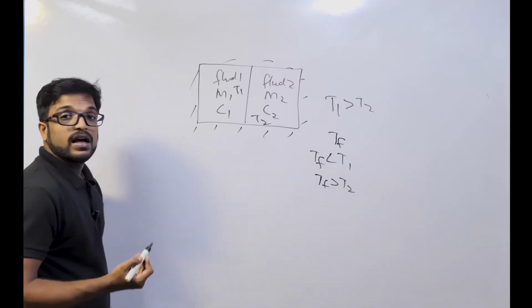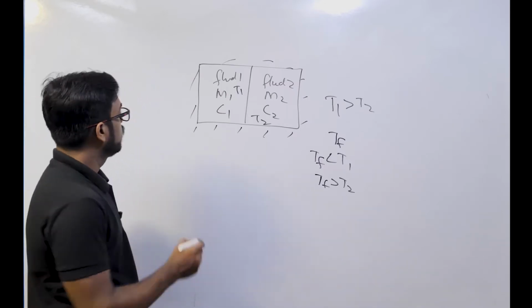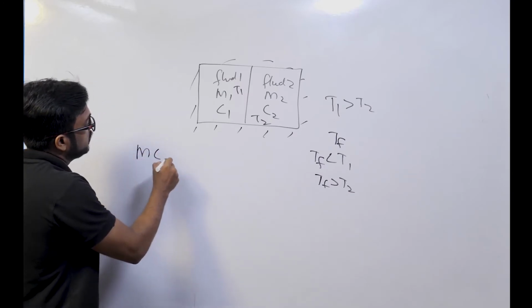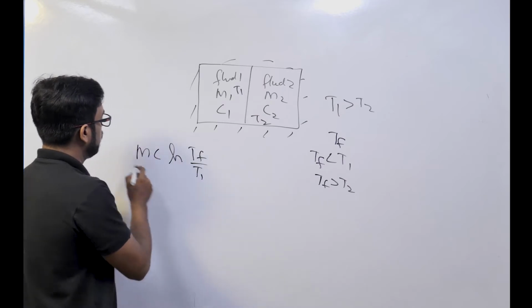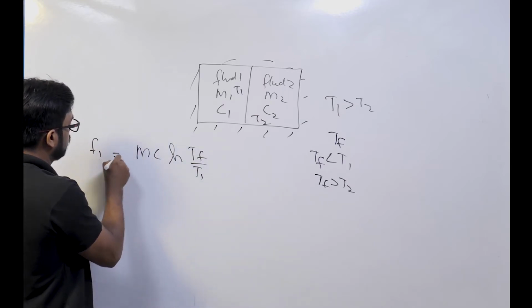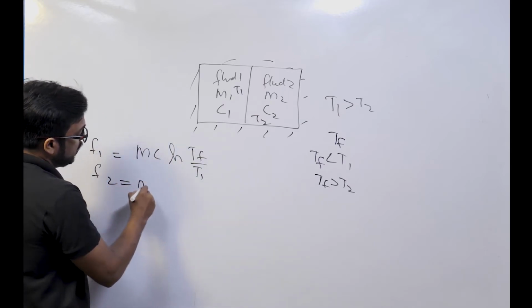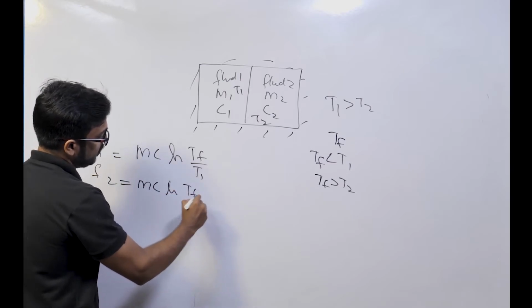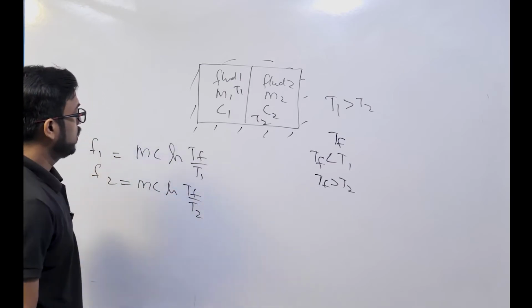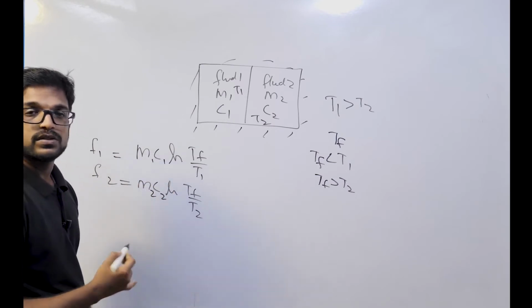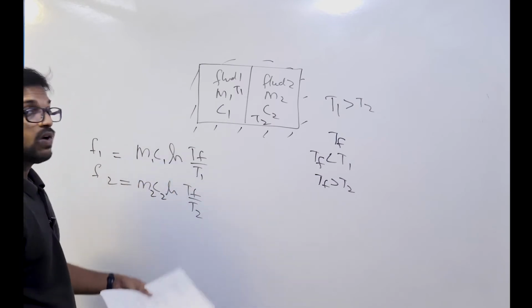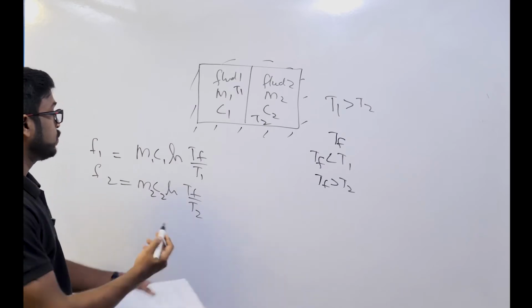We know that for liquids and solids, entropy change is mc ln of T final by T initial. That is for fluid 1. For fluid 2, it is going to be another mc ln of Tf by its initial temperature T2, and this is m2 C2, with the first being m1 C1, because both are different fluids. If I want to find the total entropy change, I have to sum it up.